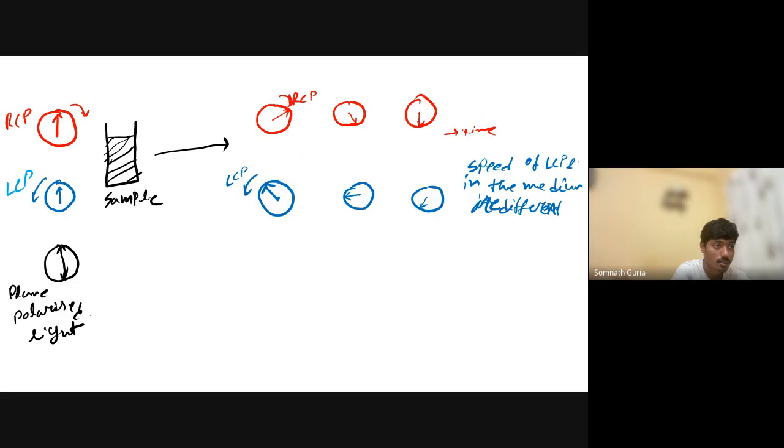LCP and RCP, which is actually associated with the refractive index of the solution.